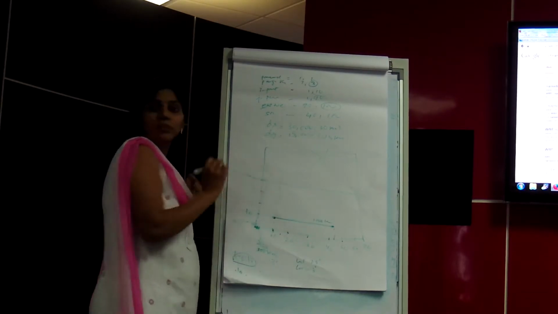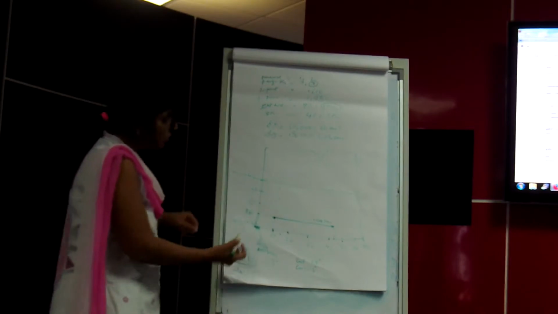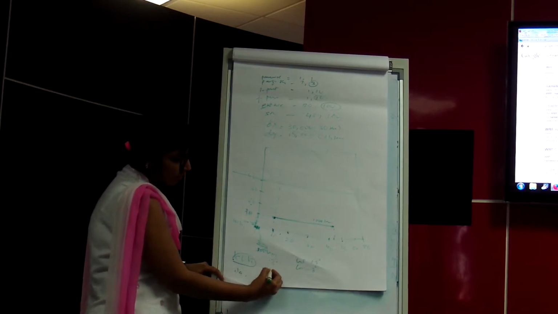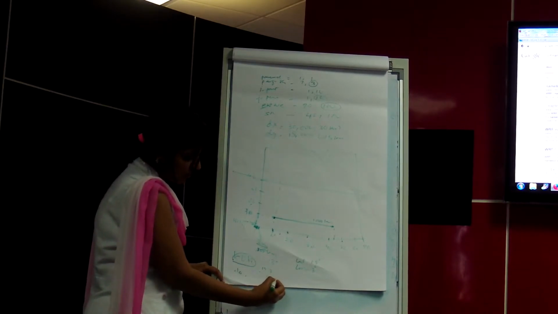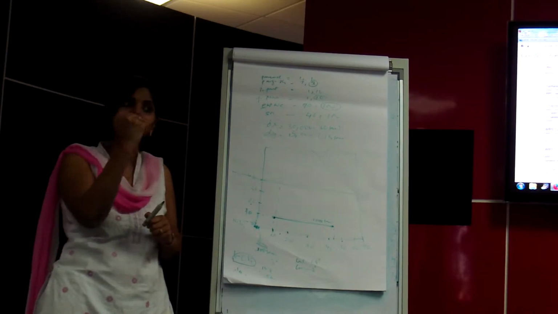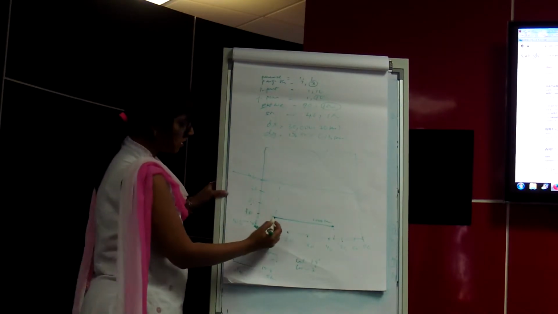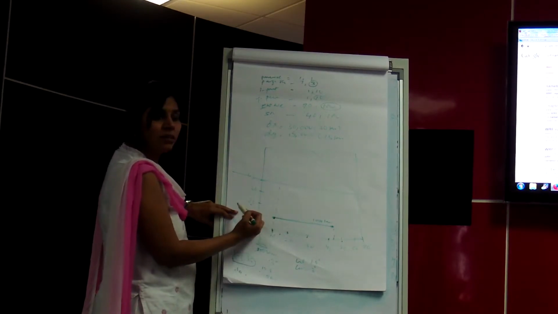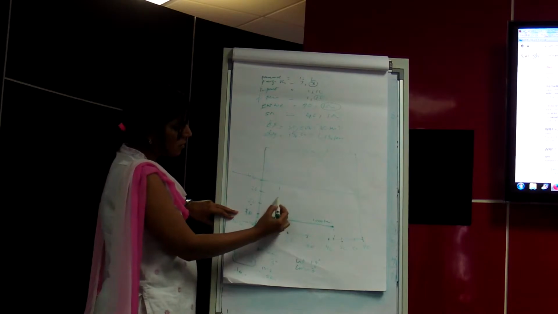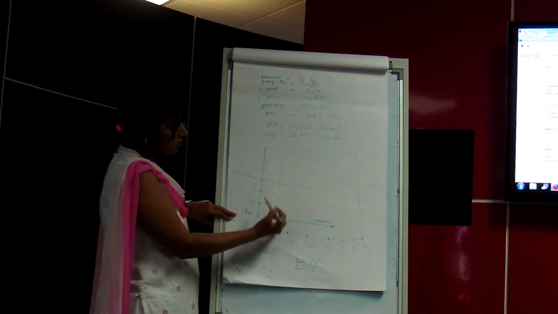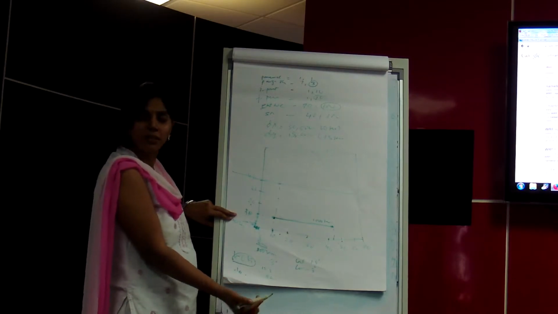Now let's see where it goes on the other side. Now you want 100 points, each of 5 kilometers. So you need to go 500 kilometers. From here to here it was 150 kilometers, from here to here another 150 kilometers, and from here to here another 150 kilometers.